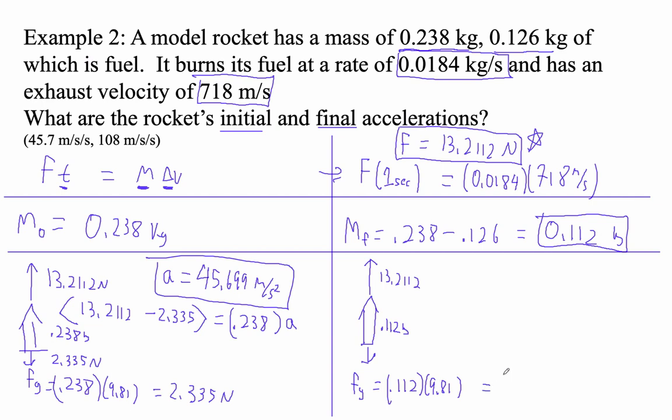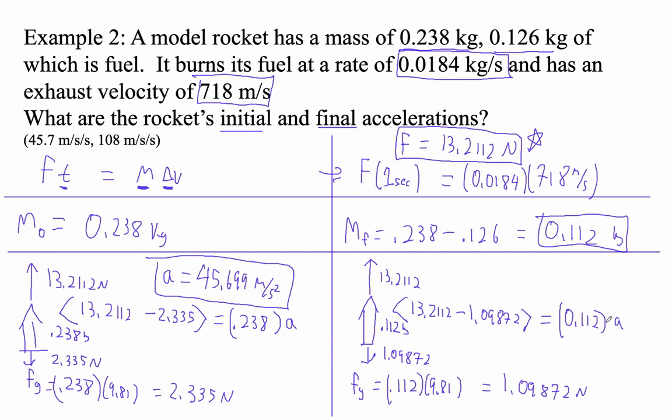That is 1.09872 approximately newtons, right? And now we're set. Now we can go 13.2112 minus 1.09872 is equal to 0.112 times A.